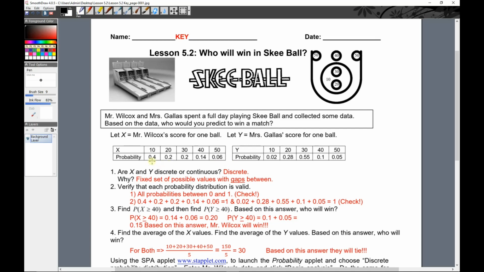So 0.4, 0.6, 0.8, 0.86, plus 0.14 is 1. Check. And then 0.5 plus 0.05 is 0.6, plus 0.1 is 0.7, and these two add up to 0.3. So all of this adds up to 1. Check, check, check. Those are valid probability distributions, and we're ready to do some analysis.